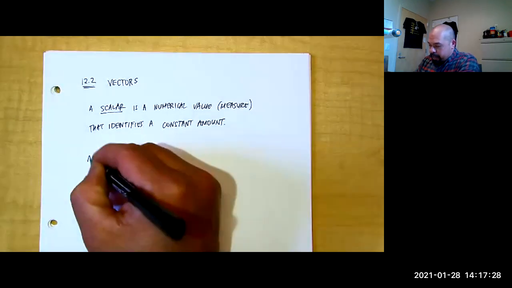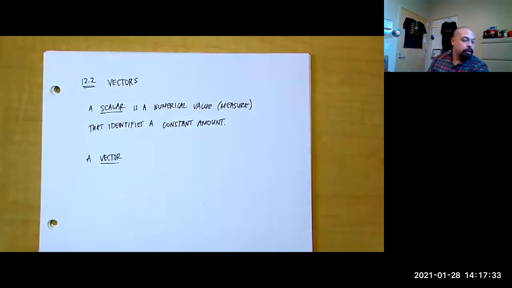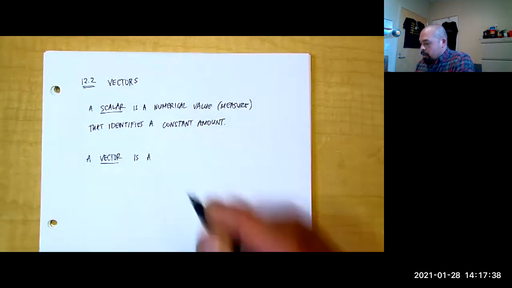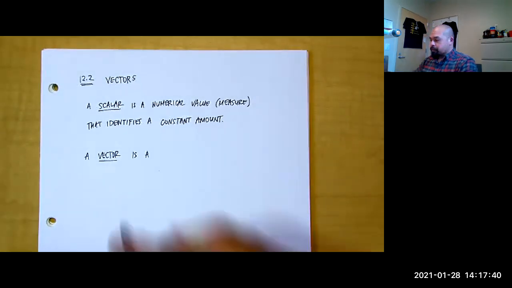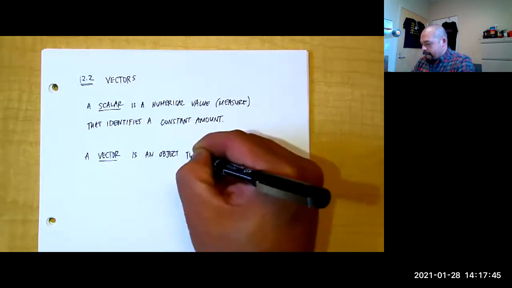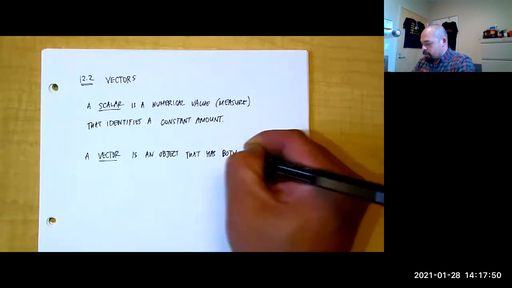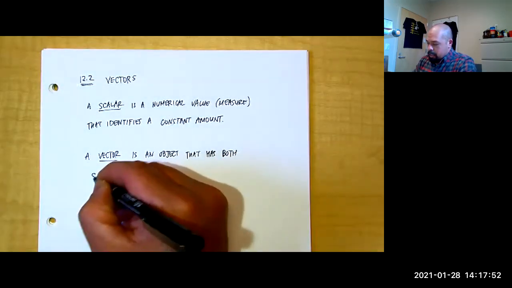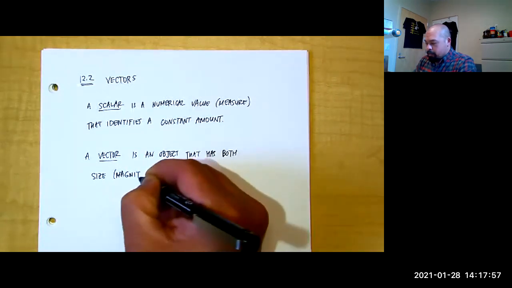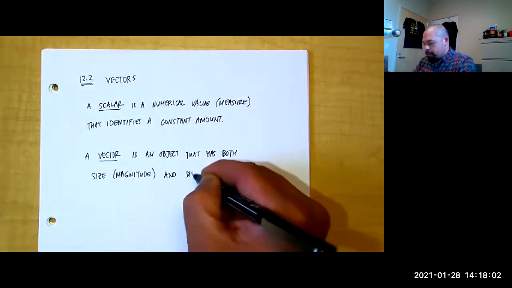So then when we get into a vector, when we start to introduce that, it is an object that has both size, or we'll start to call it magnitude, length, and direction.